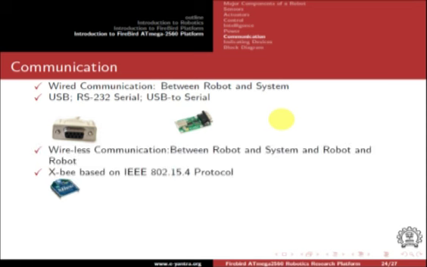Zigbee is based on the IEEE 802.15.4 protocol. Connection channels for the Zigbee module are present on the robot. But Zigbee is an add-on module which you have to purchase from the market if needed. Communication through the infrared TV remote is already explained and can be considered as a wireless way of communication between the robot and the human.